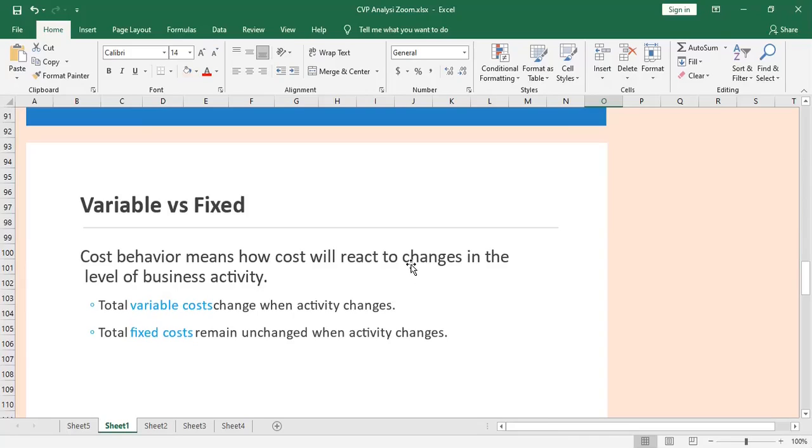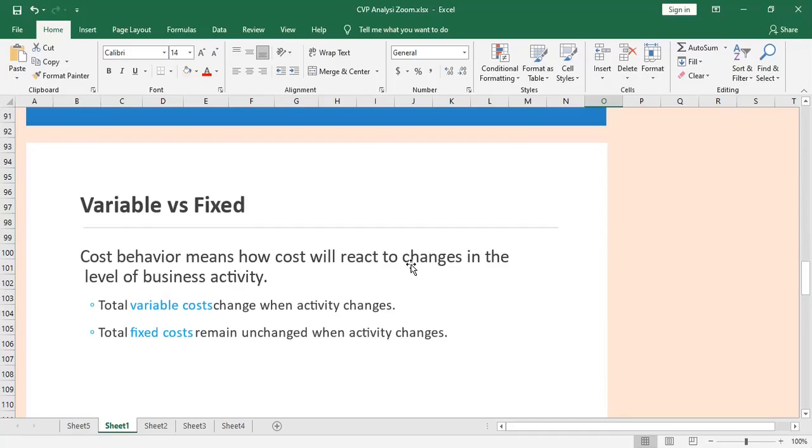When you go beyond that activity range, normally fixed cost is also going to change. Just think like this. If we have a classroom where we can accommodate 100 students, and now we only have 50 students, right? So the rent for the classroom is, just imagine, 20,000 rupees per day, per week.